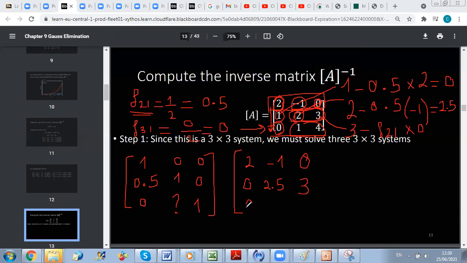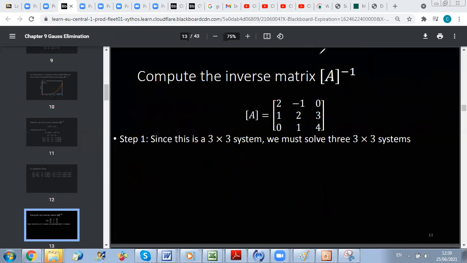So you have here 0, 1, and 4. And now you are done with the first step. Now, since you updated these coefficients, and now you have zeros in the first column below the first element, this row is locked. We say that this row is locked, so I cannot anymore use it as pivot equation.